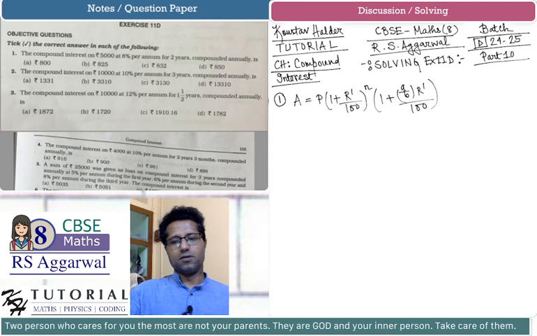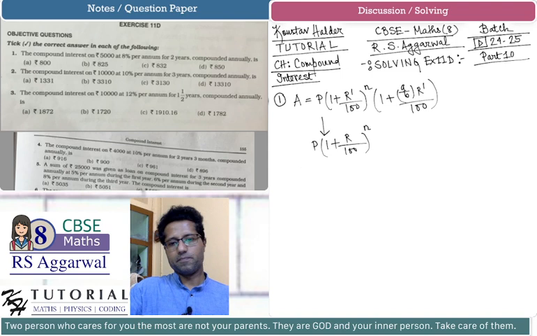Now this formula gets simplified when the interest is being compounded annually and the time period T in years is an integer, not a fraction. If the period of time does not have any fractional part, like it is not 1.5 years or 2.5 years, it is purely an integer, then this formula simplifies to A equals P times 1 plus R by 100 to the power n, where R is the given rate of interest per annum.